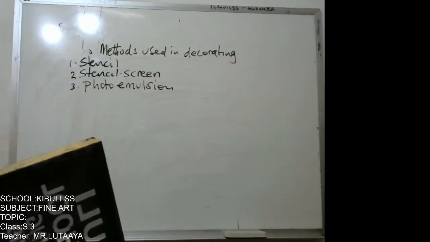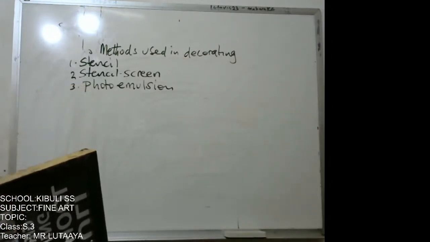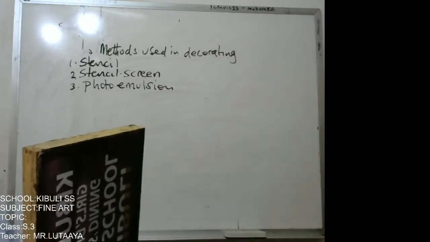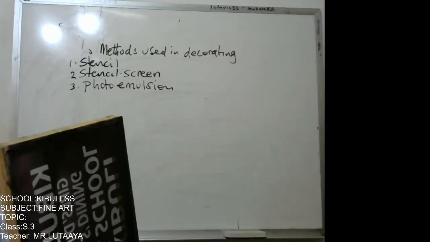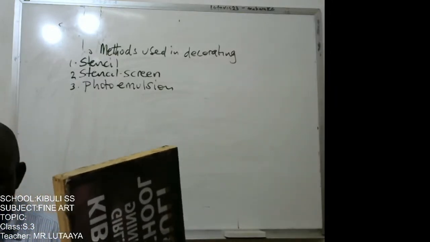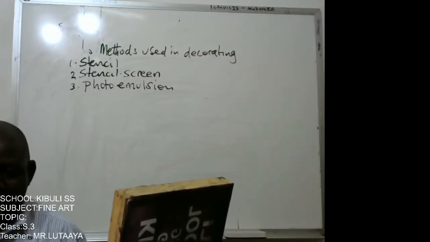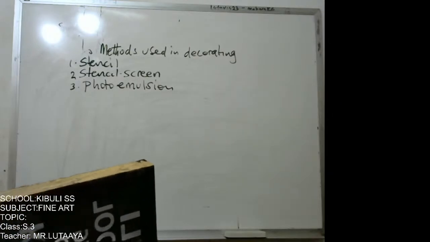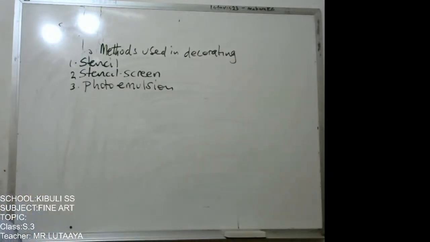So members, that is the practical part of photoemulsion. When we come back to school, inshallah, we shall show you this emulsion and how to do it, and possibly, since we have practical projects we are supposed to work on, we can do it in class.